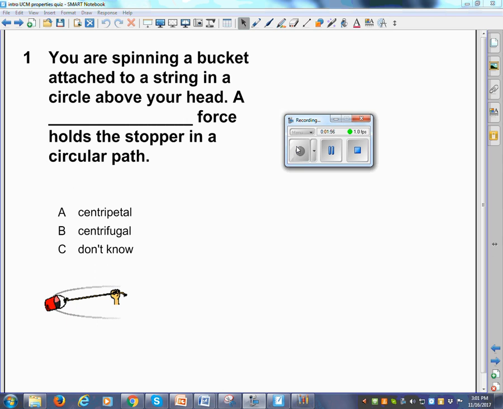Question number 1 says, you are spinning a bucket attached to a string in a circle above your head. This is all pre-ahead. This is to get you thinking.